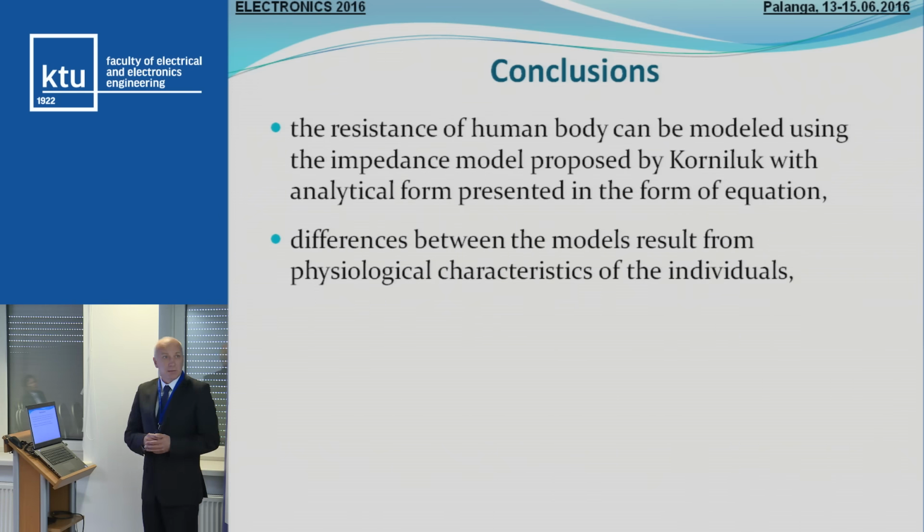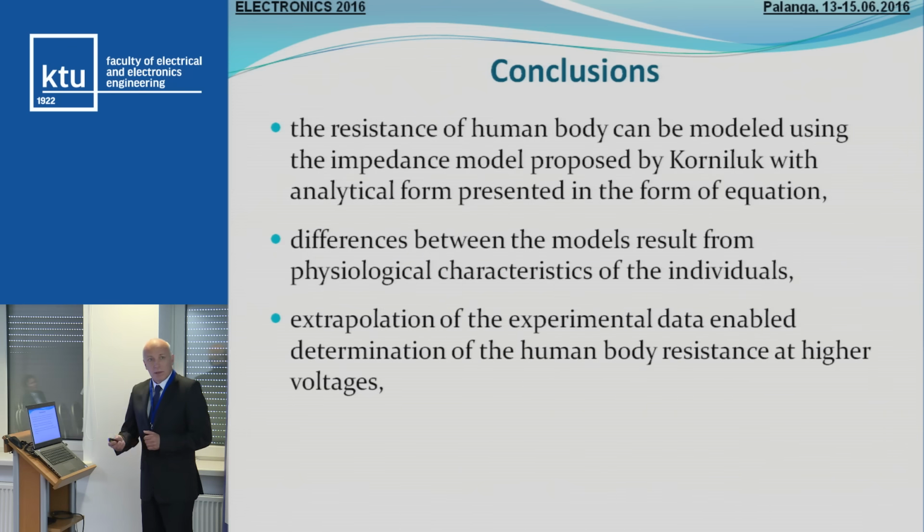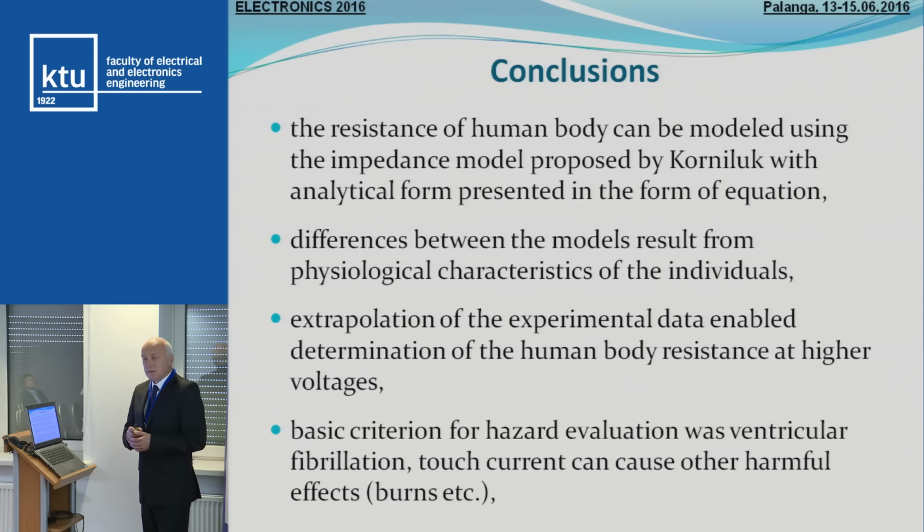They result from different physiological characteristics of test objects, of individuals. We extrapolated the experimental data to determine the human body resistance at higher voltages. It can be strange. We are talking about voltages of 600 volts, 1000 volts.